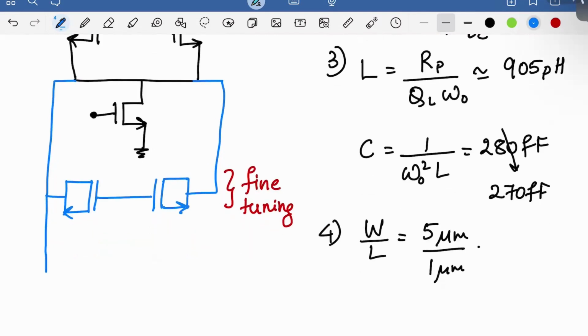So for that, we'll add a capacitor bank. The switch like that. So that's one.